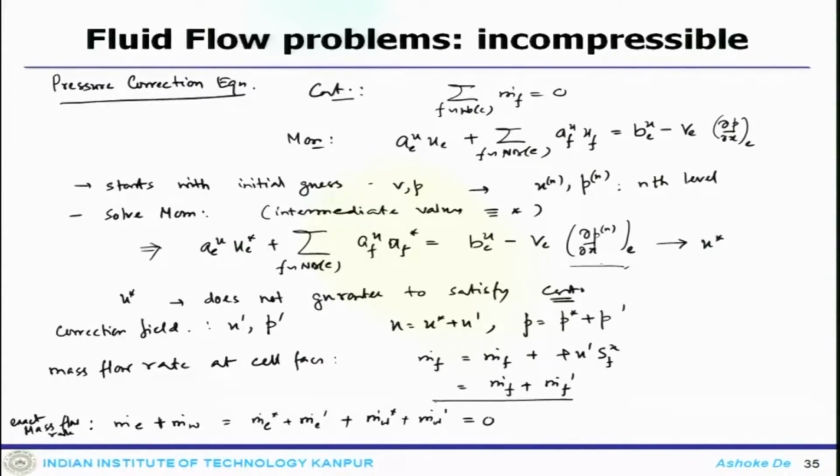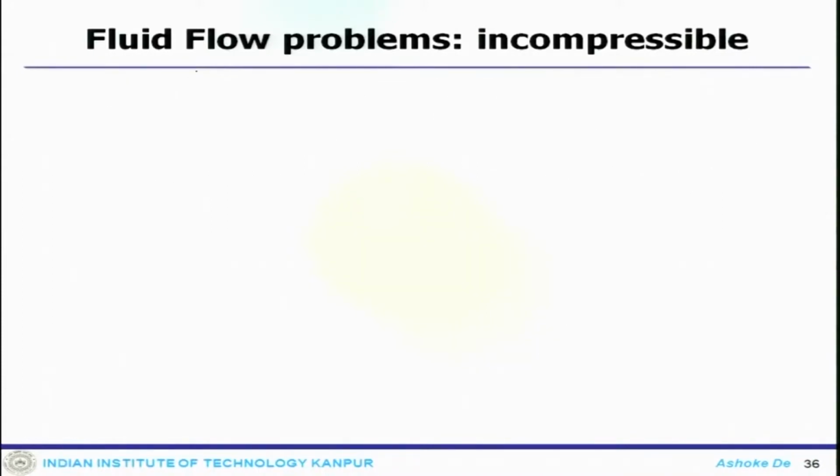Now, one can rewrite that as m dot E prime plus m dot W prime equals minus m dot E star minus m dot W star. So, this is an interesting form of the continuity equation, and this equation represents the correction term for continuity.